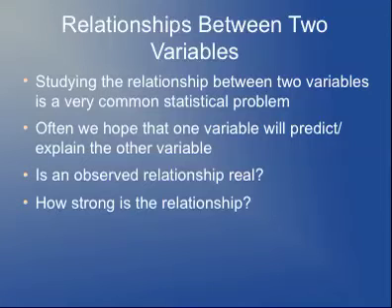Oftentimes you hope that one variable will predict or explain the other variable, and two of the big questions you want to answer in statistics are: if you see a relationship between x and y, is the relationship stronger than you would expect to see by chance? And just how strong is the relationship? How confident are you in your measure of association?